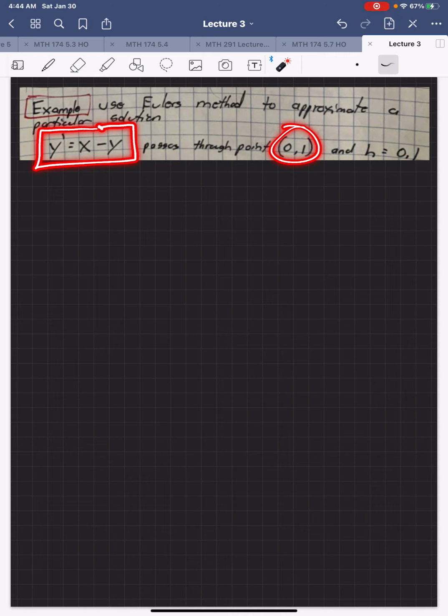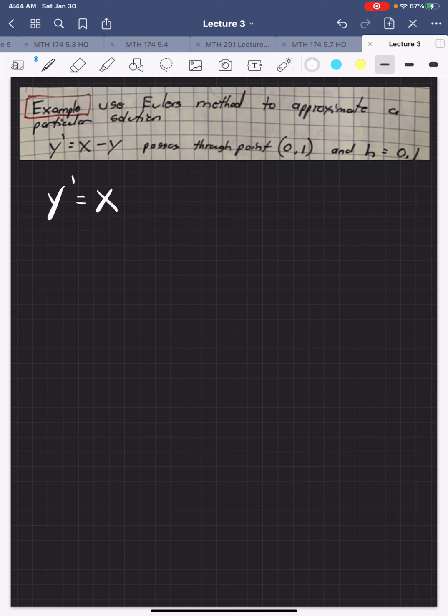So in this particular example, we have y prime is equal to x minus y. That's given. We also have the starting point 0, 1, so this is our x sub 0. This is our y sub 0.